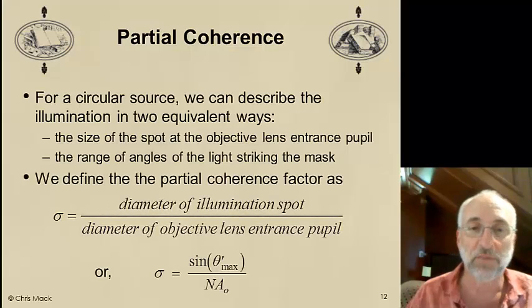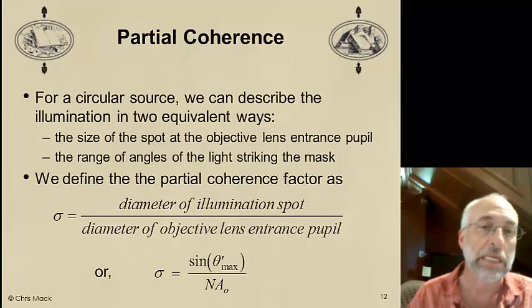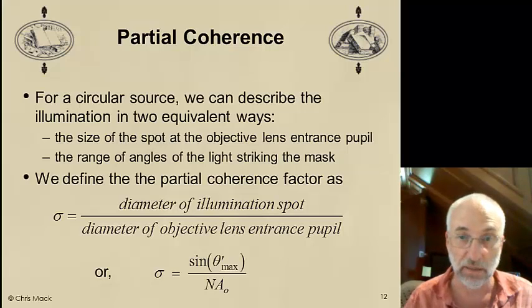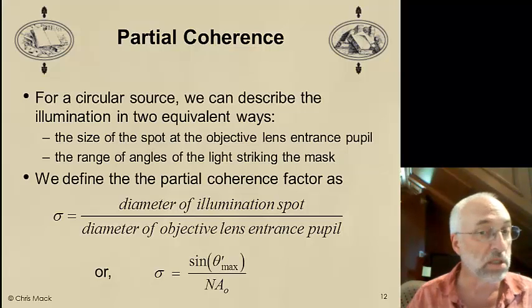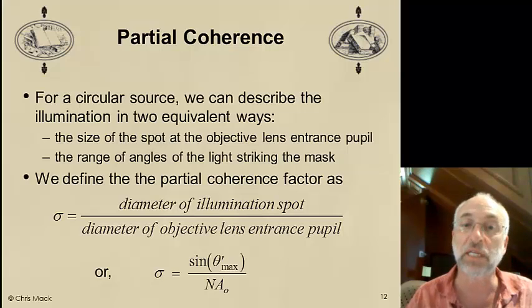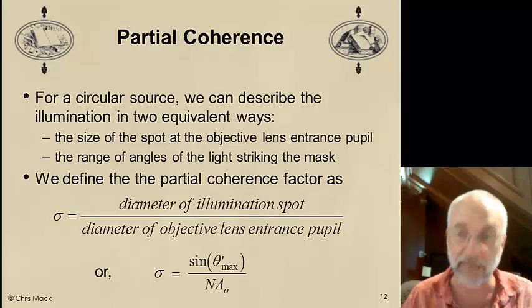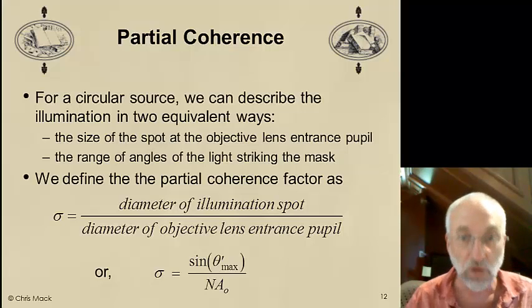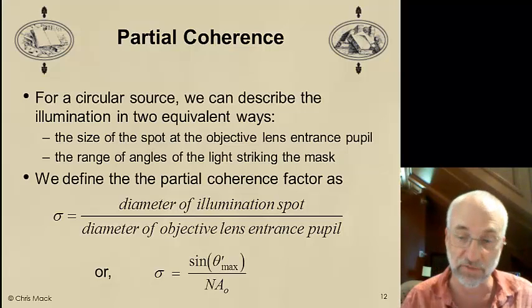Then I'll define something I'll call the partial coherence factor. The partial coherence factor is defined as the diameter of the illumination spot divided by the diameter of the objective lens entrance pupil, or the sine of the range of angles hitting the mask divided by the acceptance range of angles of the objective lens, or NA naught for the numerical aperture of the objective lens.